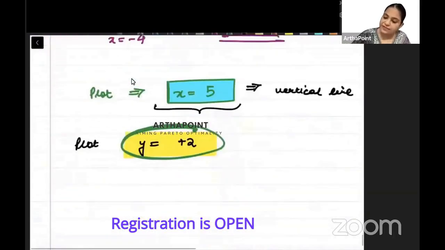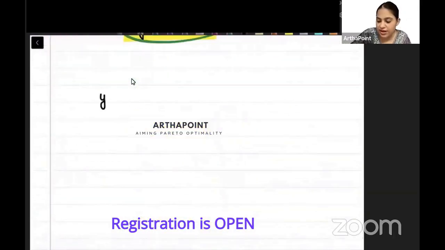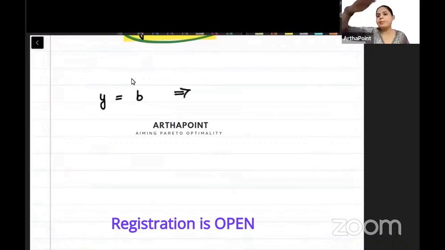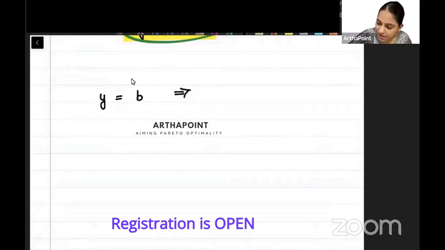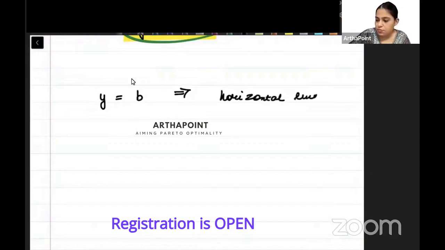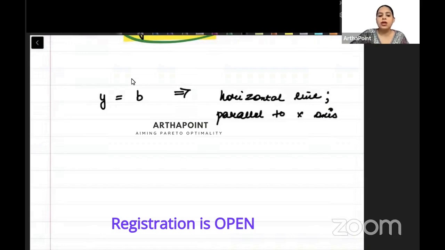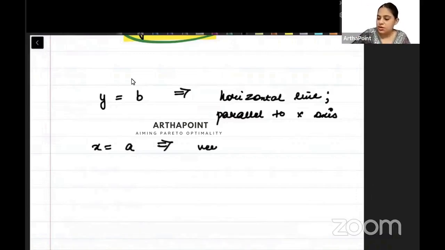So in general, beta, whenever you get y is equal to some b, that b can be anything, 2, 3, 4, it will be passing through the value of y, so that will be a horizontal line, parallel to x-axis. Similarly, if you have x is equal to a, meaning we are passing through x, this will be a vertical line, parallel to y-axis.